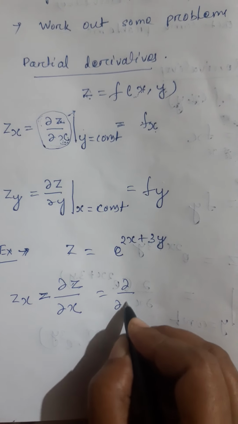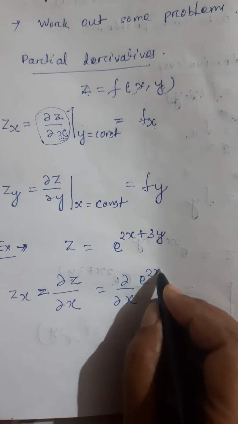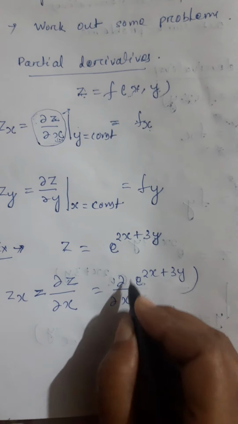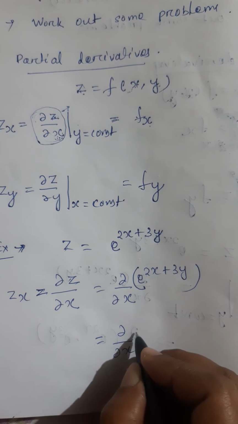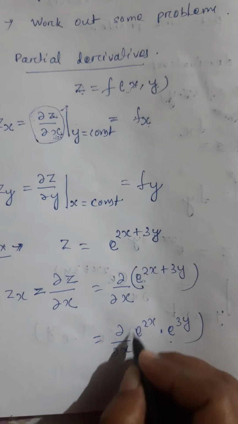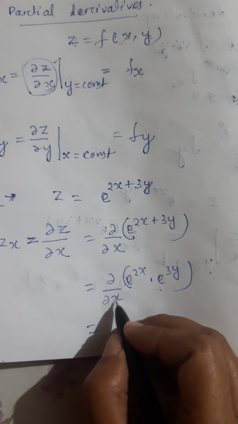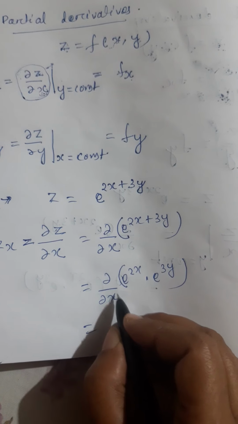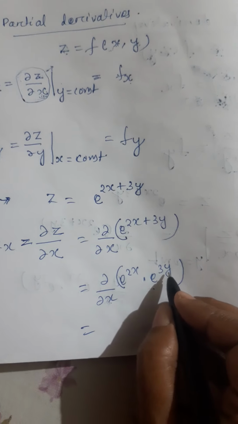So let's find this. Just replace z by e to the power 2x plus 3y. And this e to the power 2x plus 3y can be written as e to the power 2x into e to the power 3y as per the property of the exponential function. Then differentiation with respect to x means y is constant.